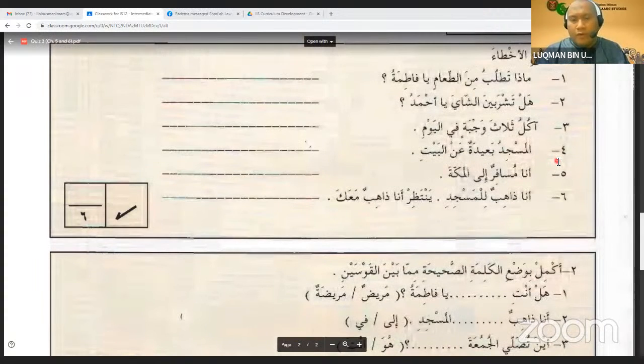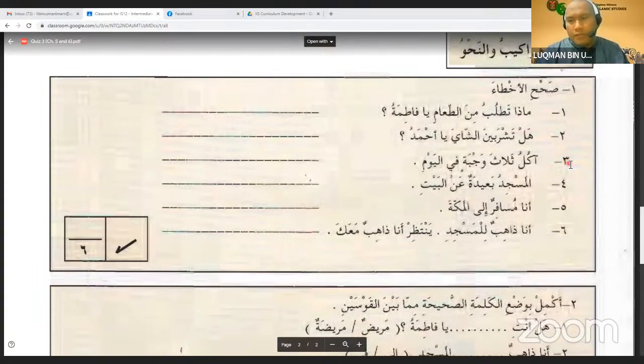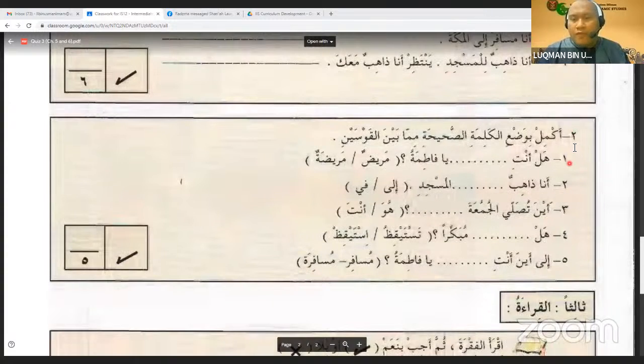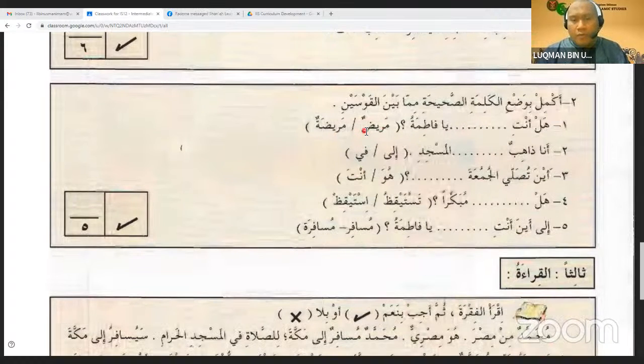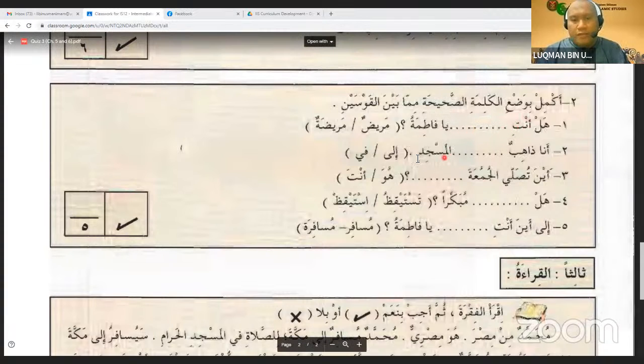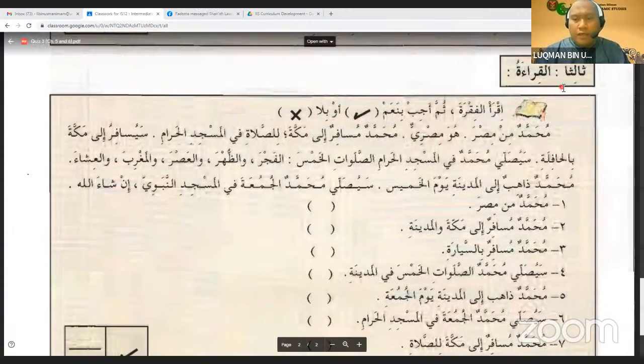There might be 1 or 2 errors in each item. Test 2: complete by putting the correct word from the parentheses. So you just choose the appropriate word to complete the sentence.